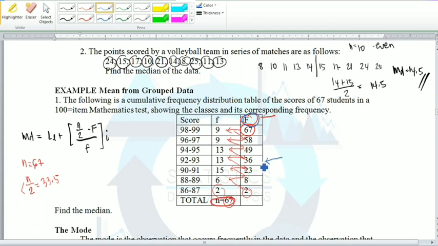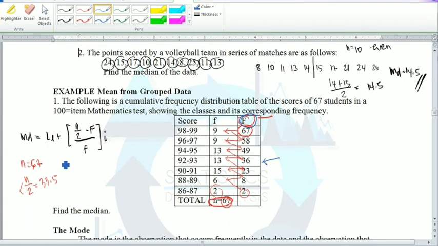Now, dahil dyan siya sa 36, ngayon, ano yung titignan natin? Yung titignan natin, class, is eto. Okay, so like I've said, the location of your 33.5 is right here, right? Here in the 36. So obviously, our median class is this one, 92 to 93.